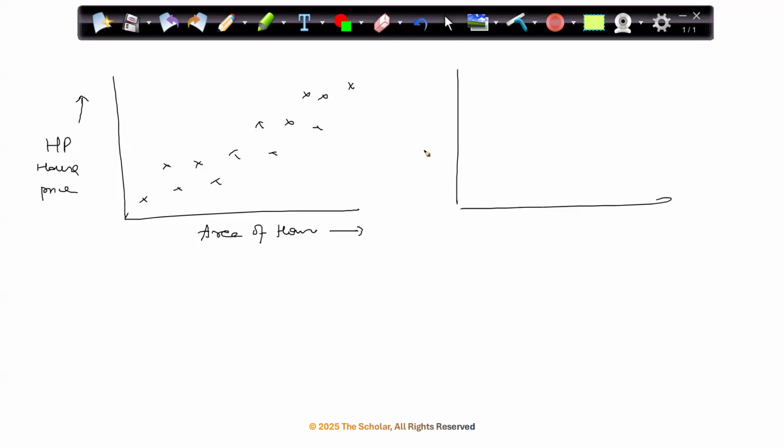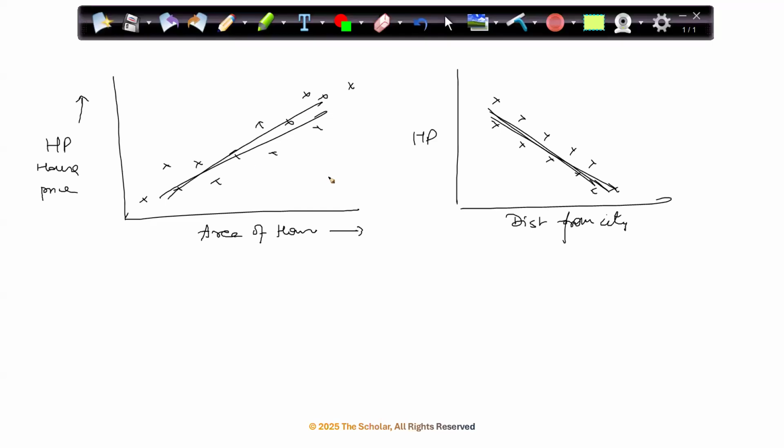In the same way, consider my house price and the distance from the city. When the distance is increasing, my house price is decreasing, right? So here you can see that it's a negative relationship. Here it's a positive relationship: when one is increasing, the other is increasing as well.